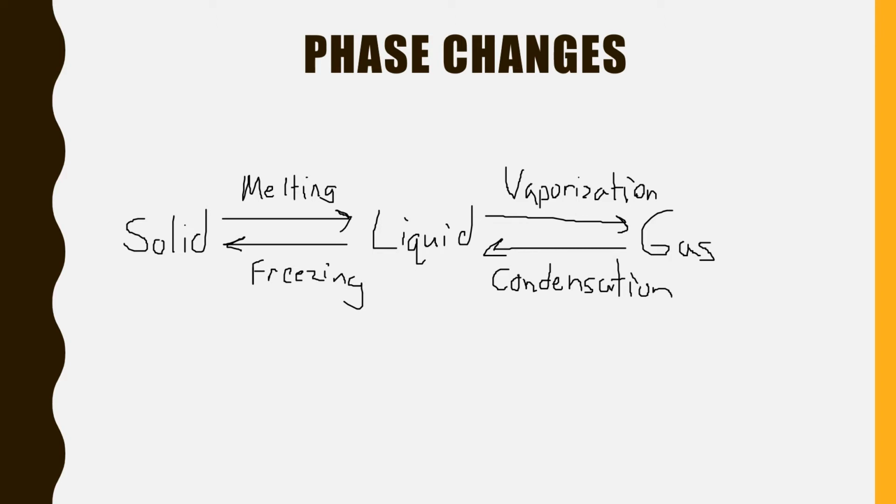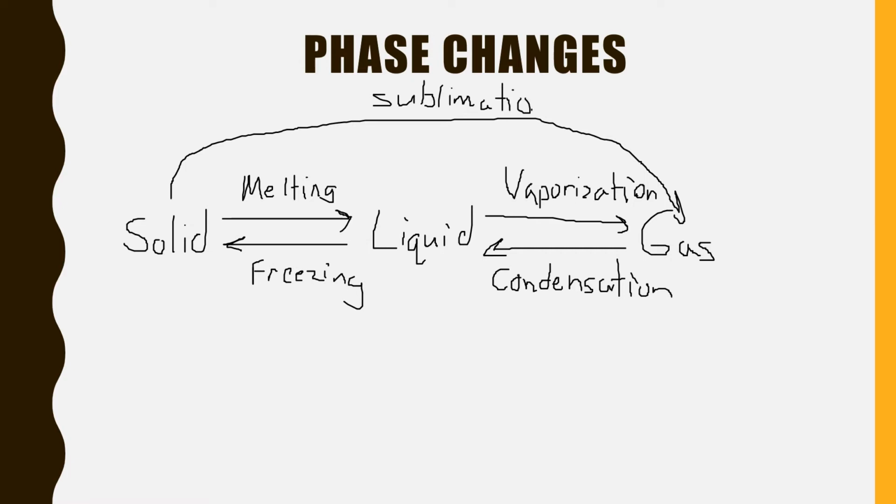But as you saw in the video that was for homework, carbon dioxide can go from solid to gas through the process of sublimation. And you also saw in that video when the iodine gas turned back into those purple crystals at the bottom of the flask, that was deposition.